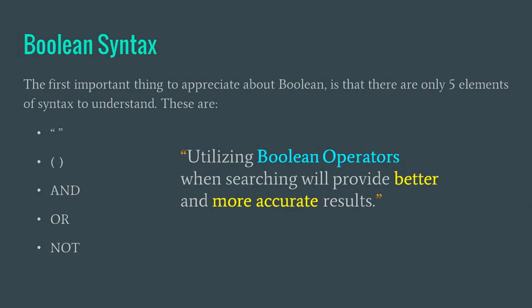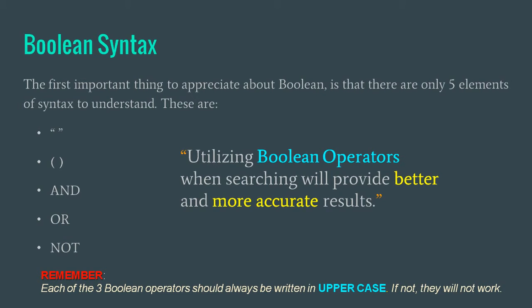If you are using these Boolean operators properly when searching, they will provide you a better and more accurate result. However, remember that each of the three Boolean operators should always be written in uppercase, or they will not work.